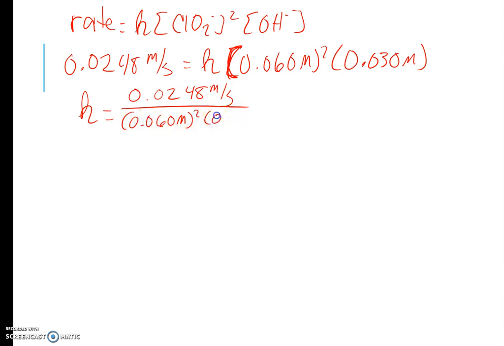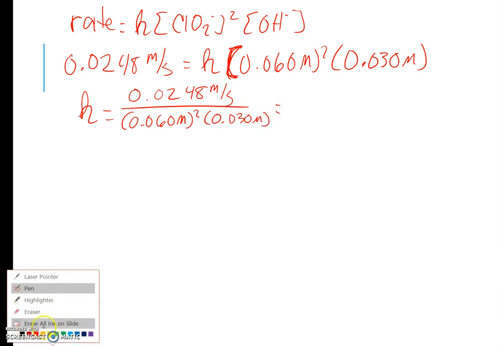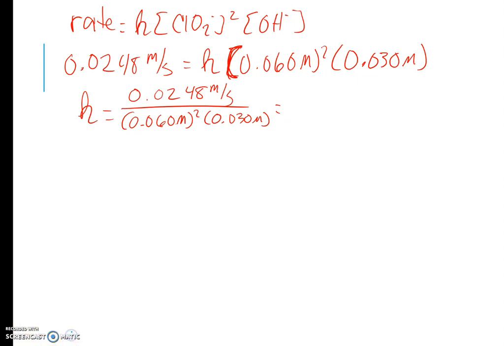If we take a second to look at the units, we see that we have molarity per second, so we can bring that down. And then we have molarity squared times molarity. And so we can see how one molarity cancels.